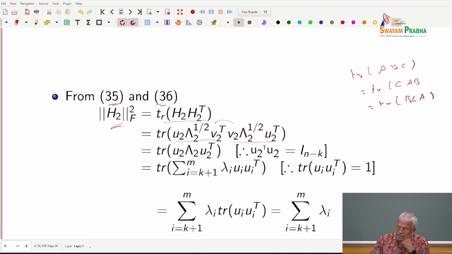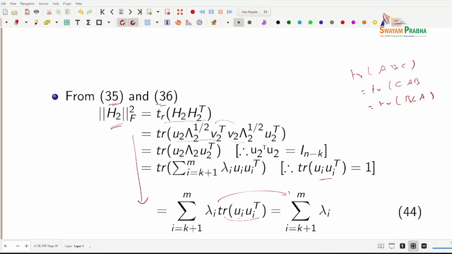By applying this formula here, you can see this is equal to the sum of lambda i times ui transpose ui. ui transpose ui is 1. Therefore, this quantity now becomes equal to the summation of lambda i, for i equal to k plus 1 to m. I hope this derivation is clear to all of you. I'm simply using matrix multiplication, the properties of traces and their relation to various matrices.